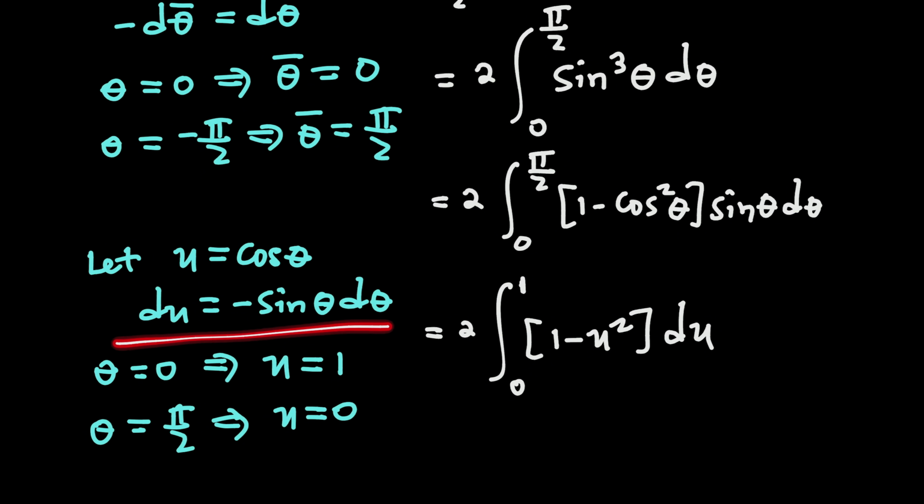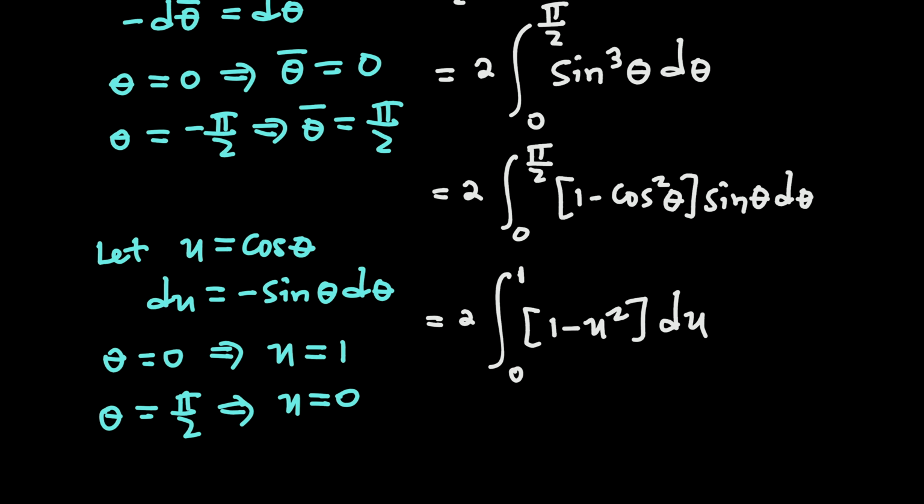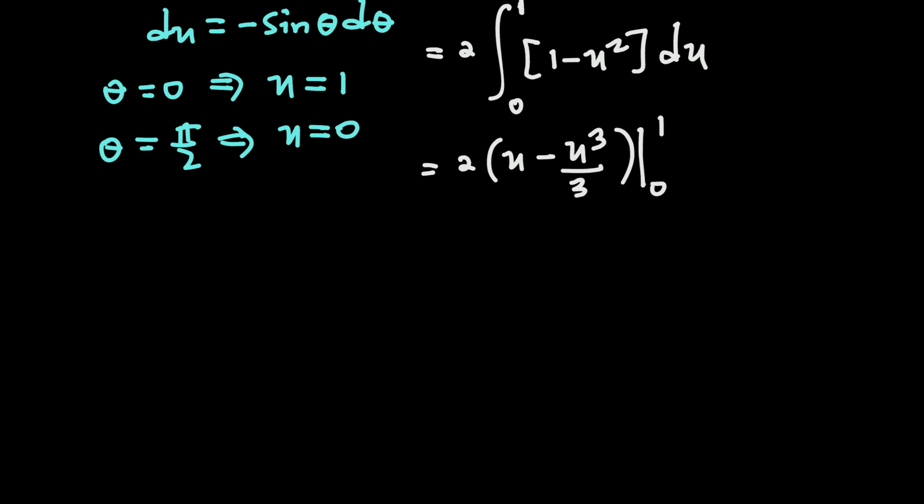Notice that du should contain a negative sign, since negative du is equal to sine theta d theta, and then the limits of integration should be 1 to 0. But what we did here is that we removed this negative sign and switched the order of integration so that we have this one. Integrating this gives us this value, at which we have u and then u cubed over 3, evaluated from 0 to 1. Executing this integral, we have the value equal to 4 over 3.